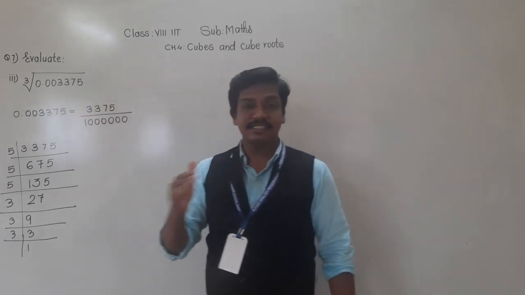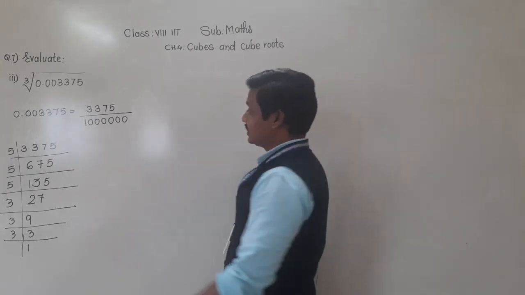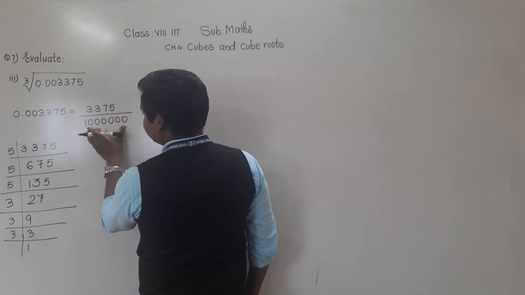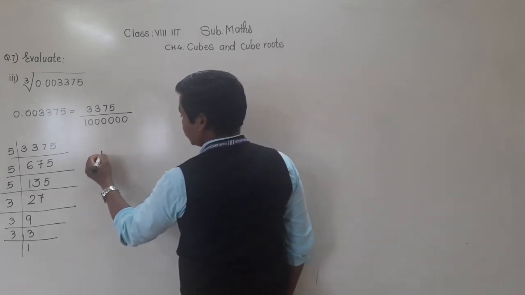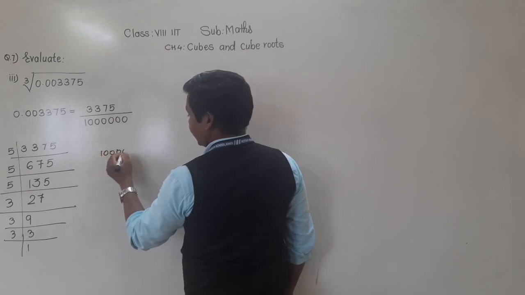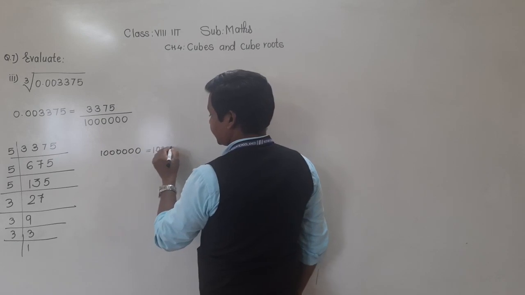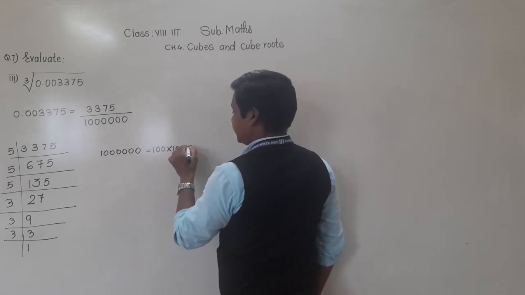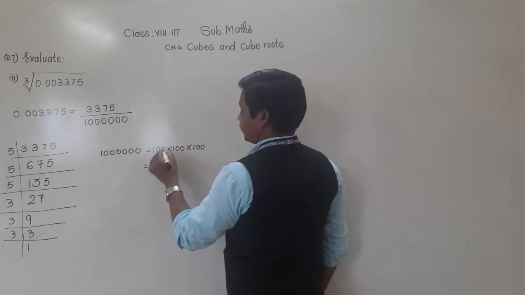And this 10 lakh, it is the cube of, can you guess? Since there are 6 zeros, 10 lakh must be the cube of 100. 100 into 100 into 100 is the cube of 100.